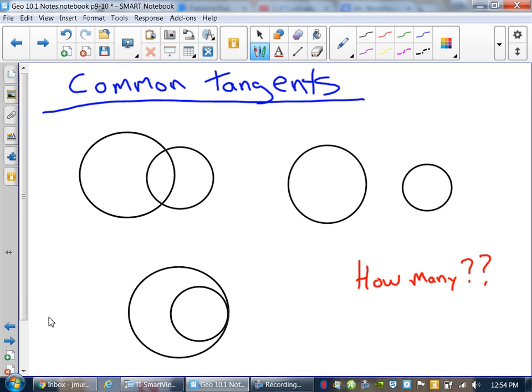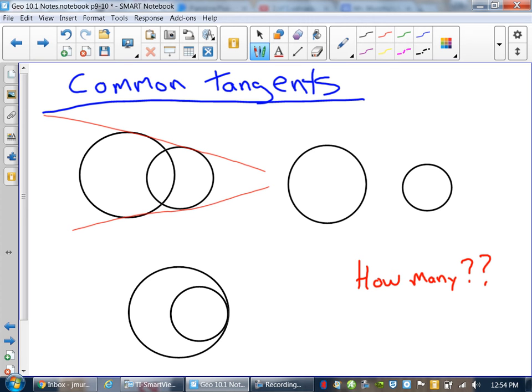So common tangents. Common tangents are when you have a tangent that's tangent to two or more circles. For example, if you have two circles that are overlapping, they would have two common tangents. Okay? If two circles overlap at some point like that, they could have two common tangents because these are what we call common external tangents.